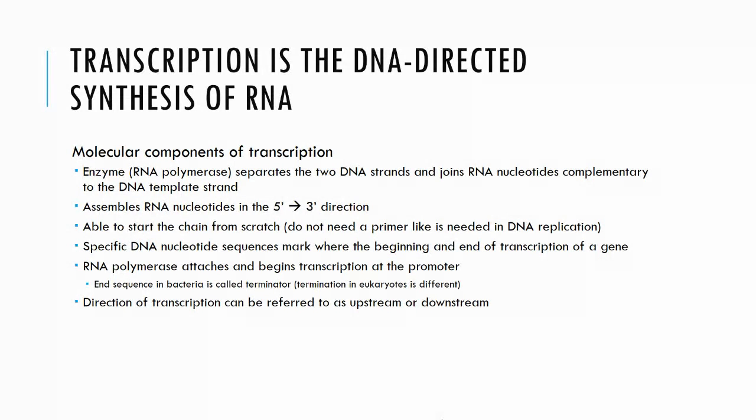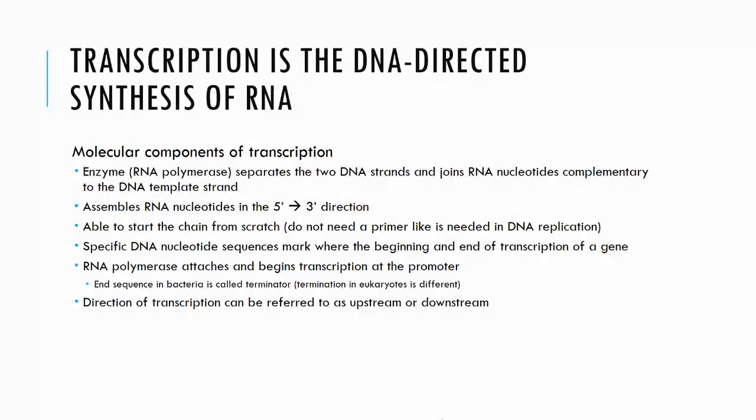Specific DNA nucleotide sequences mark where the beginning and end of transcription of a gene are. RNA polymerase will attach and begin transcription at the promoter region. And we'll look at termination in a minute because it's going to be different between prokaryotes and eukaryotes.